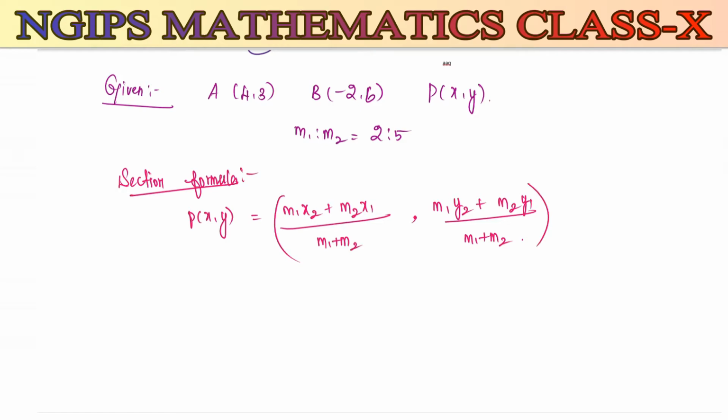So here x comma y is the unknown value. I am substituting the m1 value, it is 2, x2 value, this is x1 y1, x2 y2.